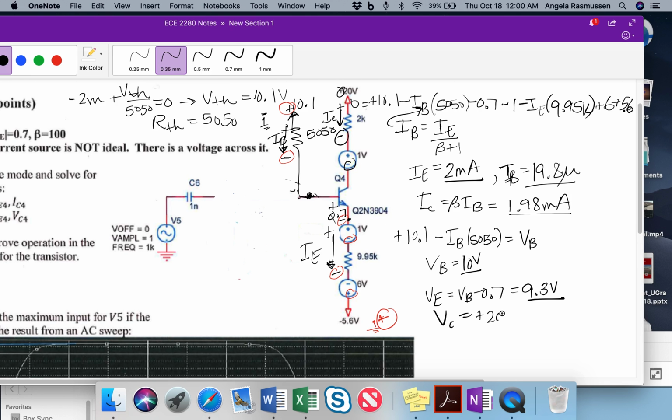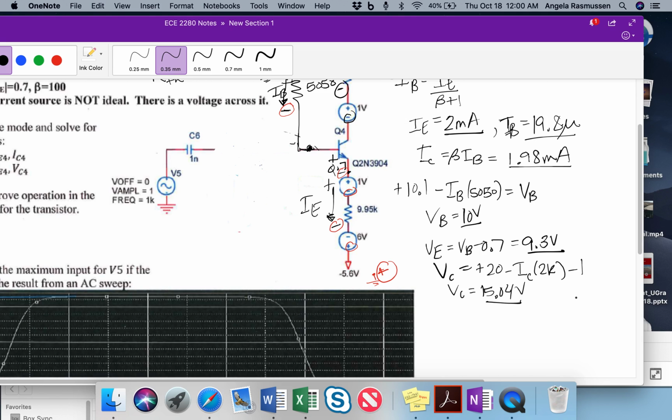So again, plus 20 minus IC 2K minus 1 yields a VC equal to 15.04. And so VC at 15.04 is greater than a VB of 10, therefore it is active.